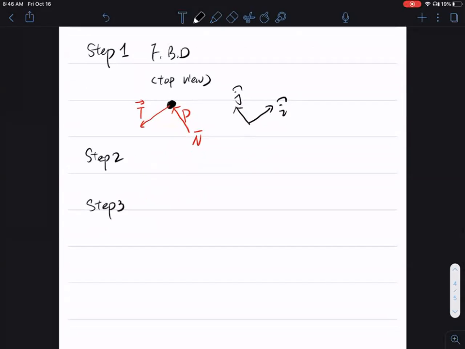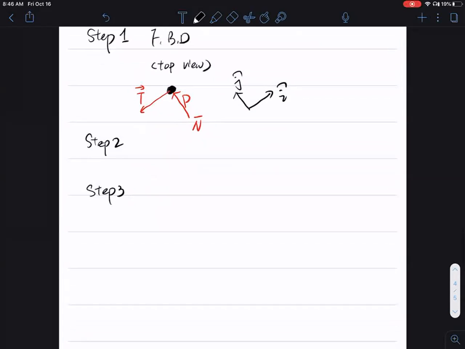I believe you can do step 3. I want to talk about step 4. So we have 4 minutes left. Step 3 is forces, right? Step 4 is acceleration. We want to write out what is the acceleration for that particle P in vector form.